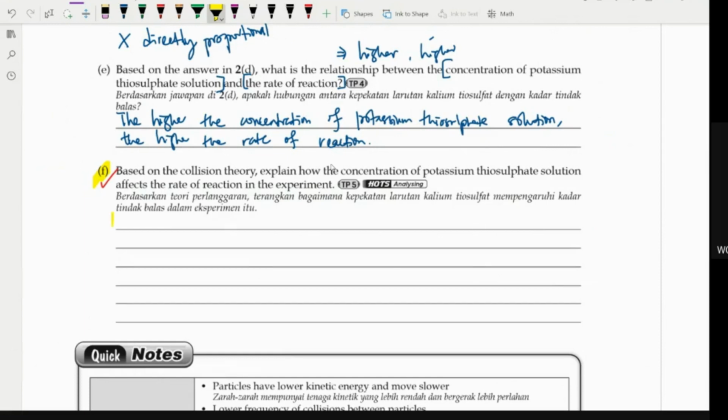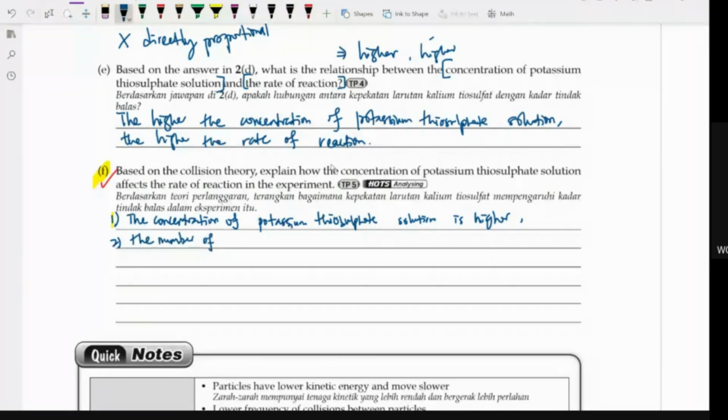Point number 1, the concentration of potassium thiosulfate solution is higher.